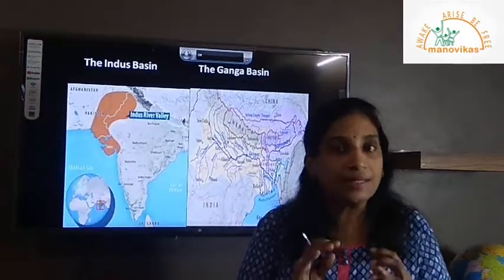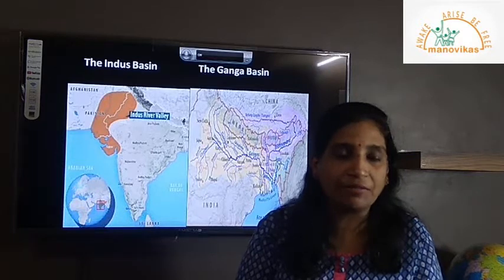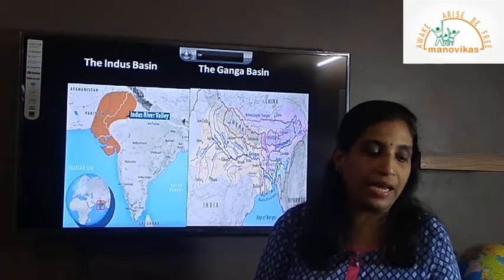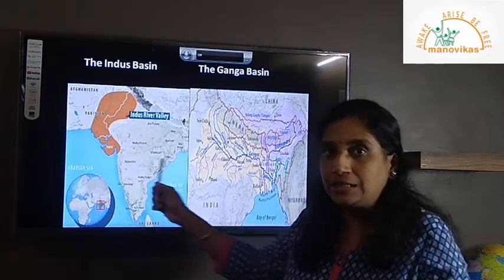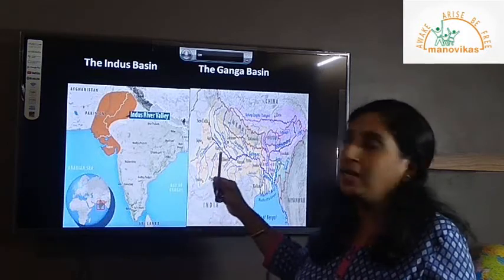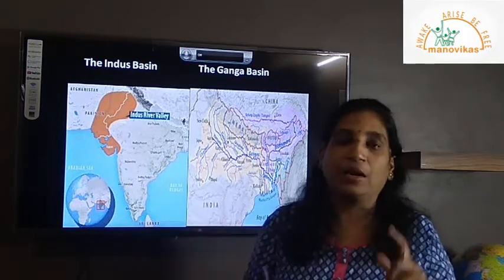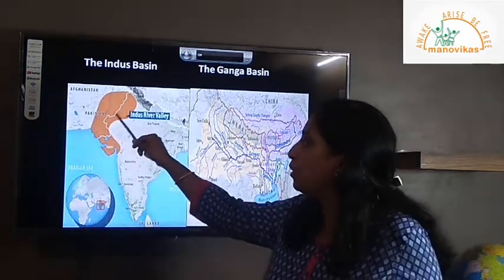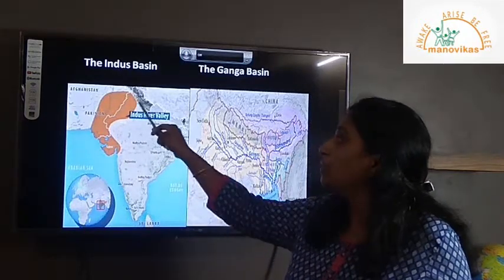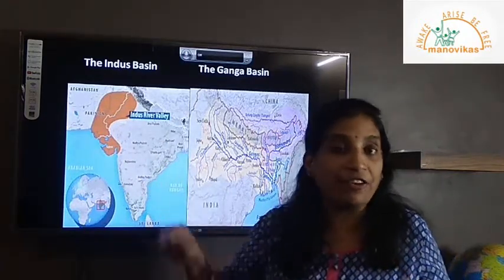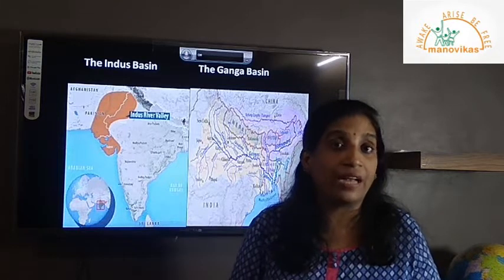This northern plain of India is again divided into two basin areas. One is called the Indus River Basin and the second is called the Ganga Basin. Now the Indus River, as we all know, moves from Pakistan and comes down. That entire flat land again is a very fertile land.